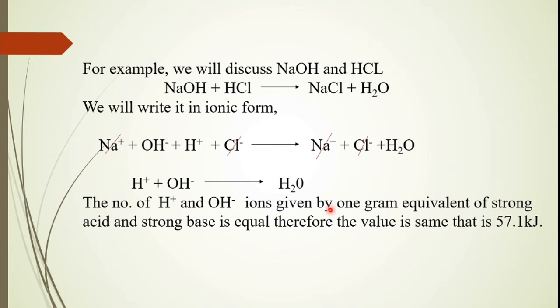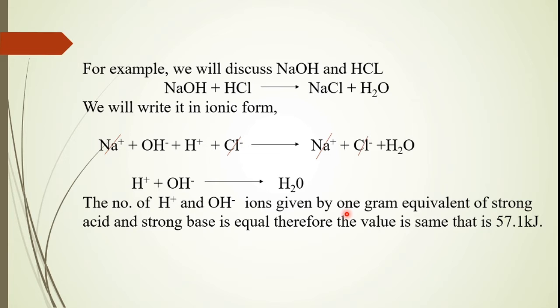The number of H+ ion and OH- ion given by 1 gram equivalent of strong acid and strong base is equal, and therefore the value is same, that is 57.1 kilojoule.